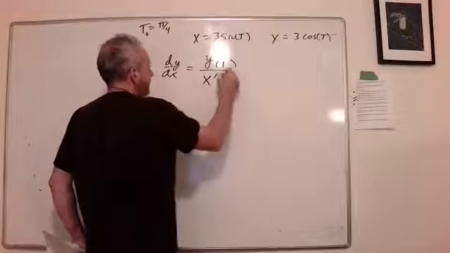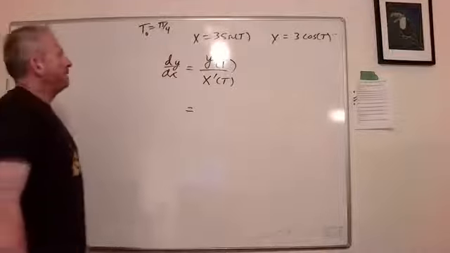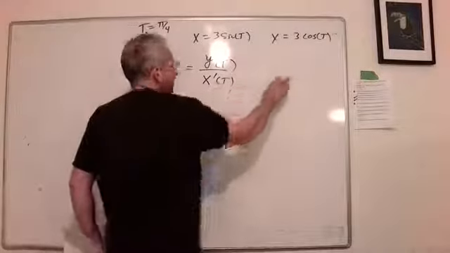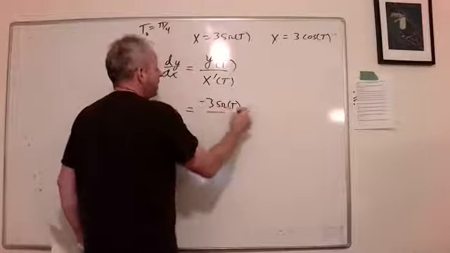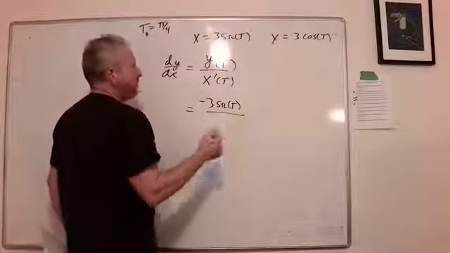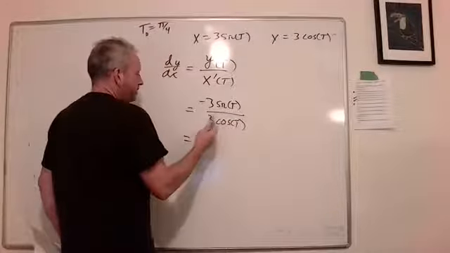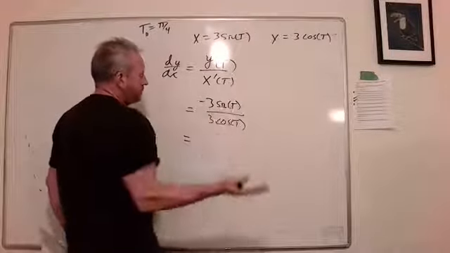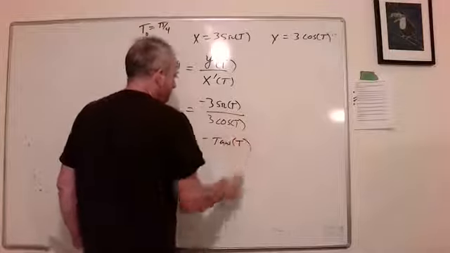Here, I'll put a t in there like that. And that should be a straightforward matter, because look at the function. The derivative of y with respect to t is negative 3 sine of t, and the derivative of x with respect to t is 3 cosine of t, and the 3's nicely cancel each other out. And if you want, sine over cosine is tangent, so that's a negative tangent of t.